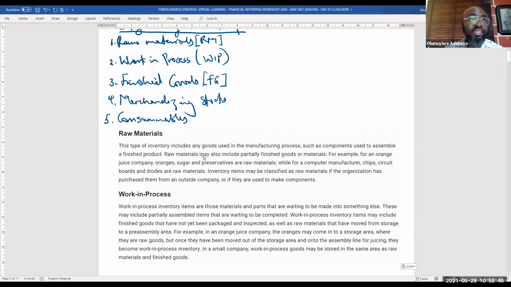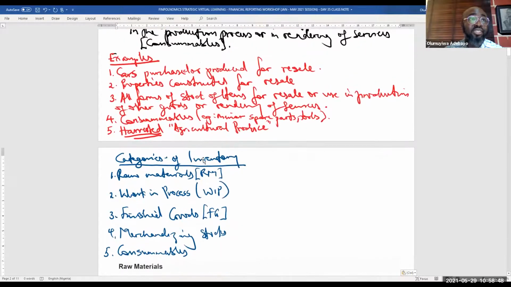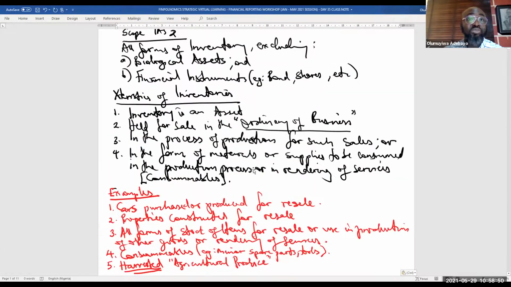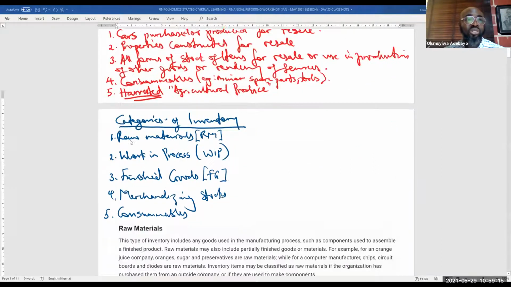Okay, that's why if you get back to our definition here, this attribute is very key in the whole of those processes. But where you are going to is a specific area with respect to sale on return basis, or what we call consignment goods. The substance of the transaction rather than the legal form is what is critical in justifying whether it constitutes inventory or not.